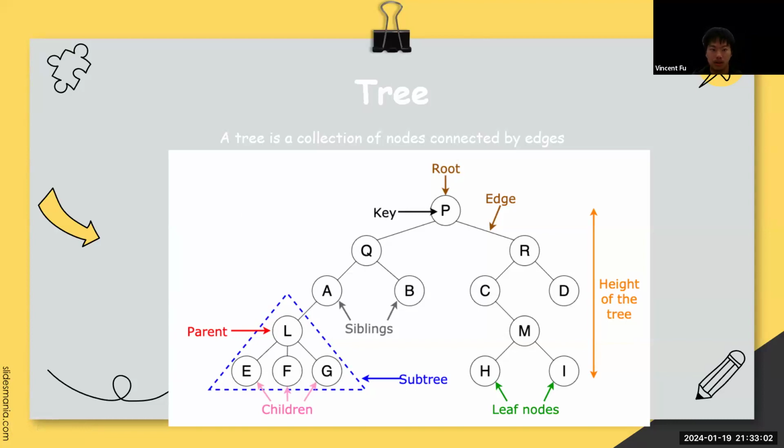Because on a tree, you have branches, and on the branches you have leaves, but leaves don't really have anything on them. Leaves are kind of like the end, right? So that's why we call the bottommost nodes the leaf nodes. And the lines that connect all the nodes are called edges. And yeah, that's pretty much all the important parts of the tree.